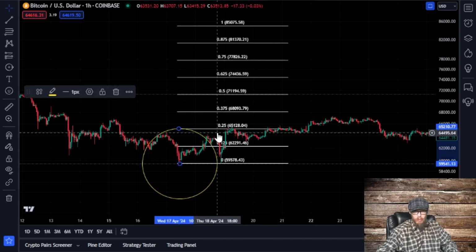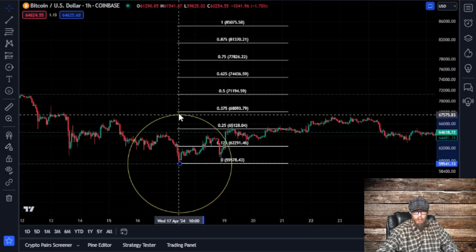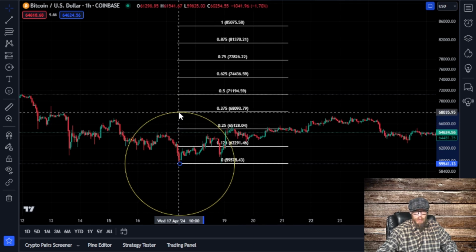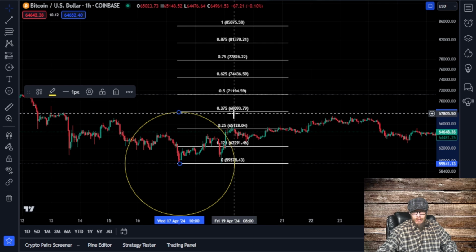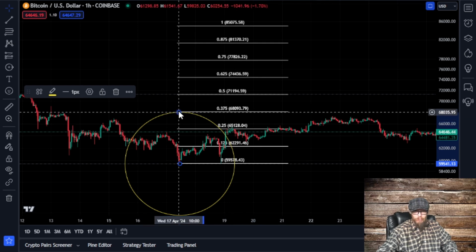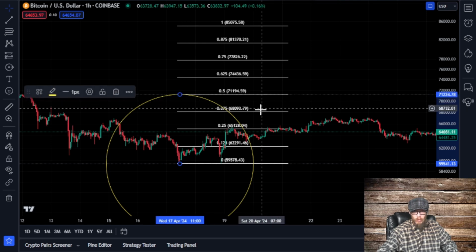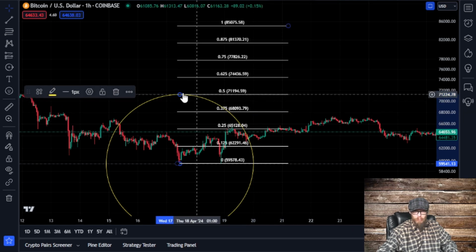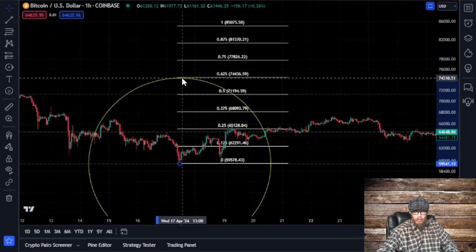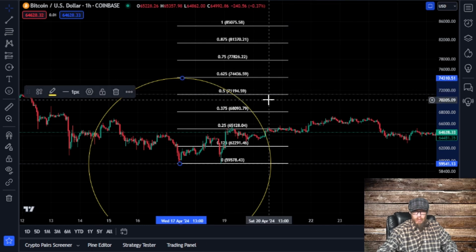And what did it give us? Right, we're price down. What does it give us here? That top. This top. What does this give us?